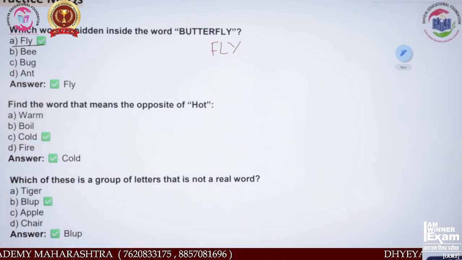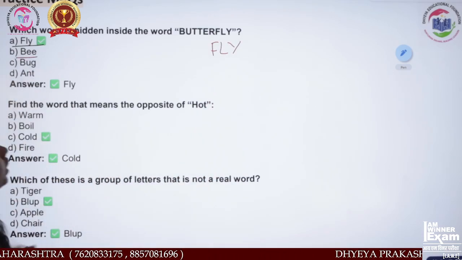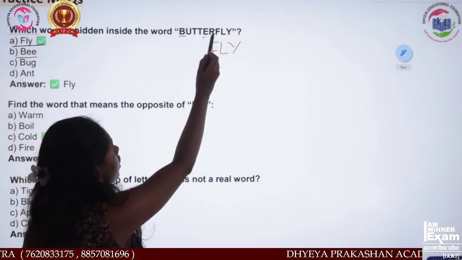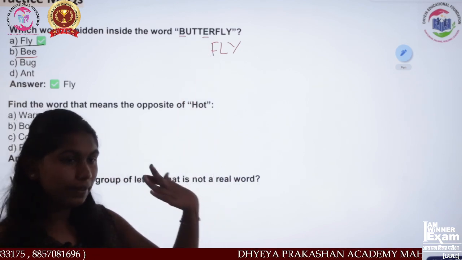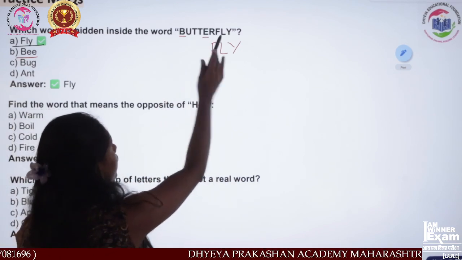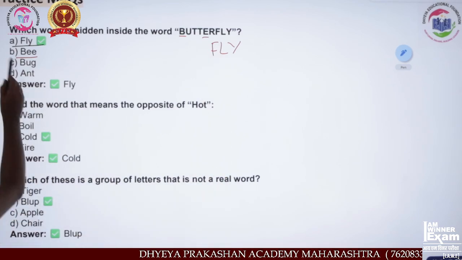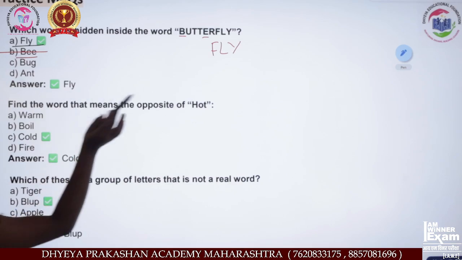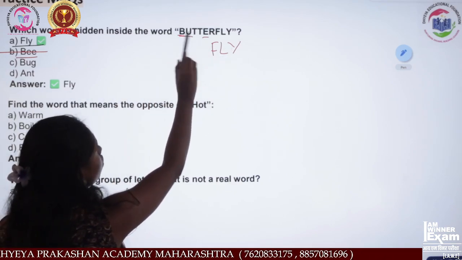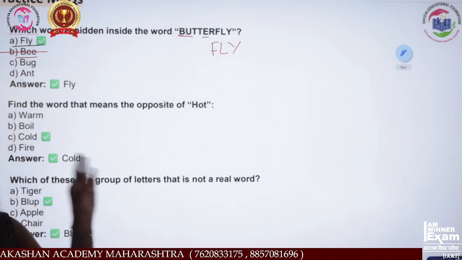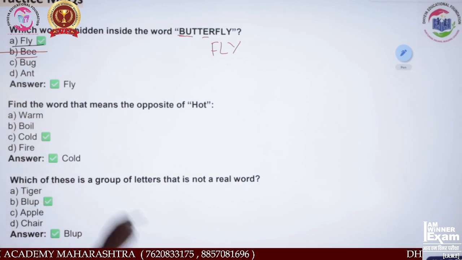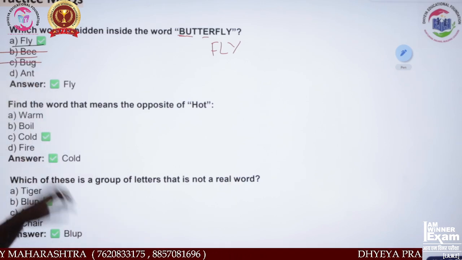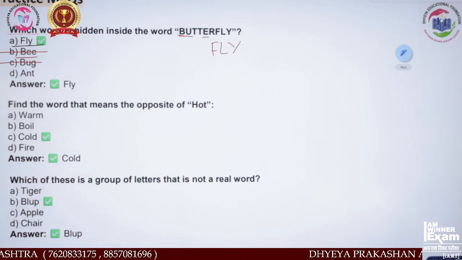Then the next word is bee, B-E. There is not another E, so the word bee is not in the word butterfly. Then bug, B-U-G. There is no G in the word butterfly, so bug is also not in butterfly.